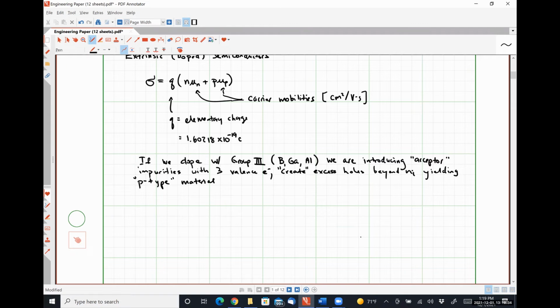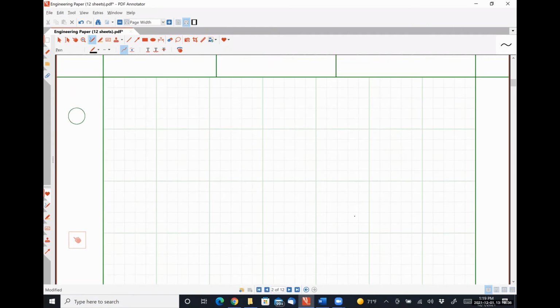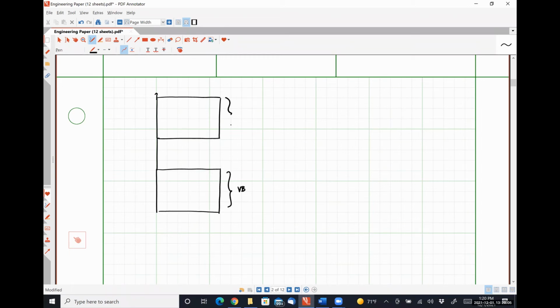Okay. So I draw an energy band diagram for intrinsic silicon. Let's start there. Okay. So this guy is still my valence band. This guy is still my conduction band.